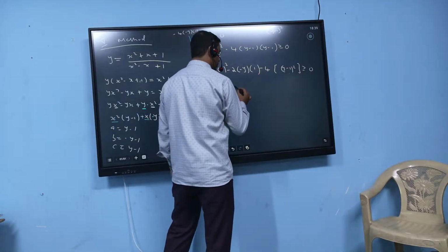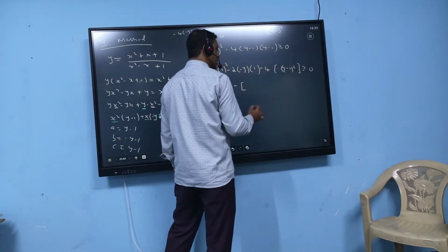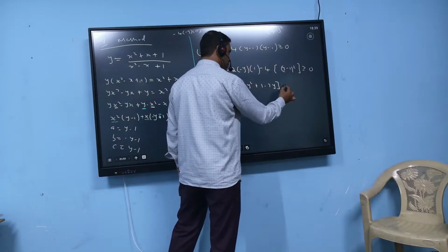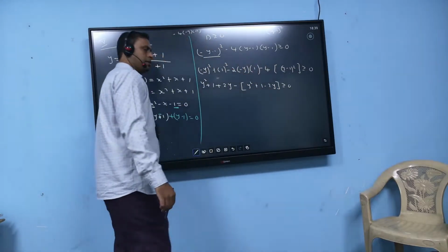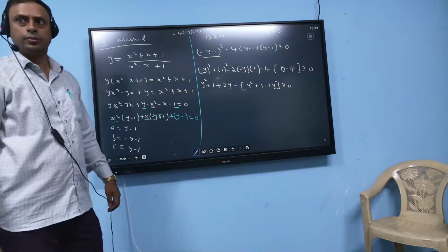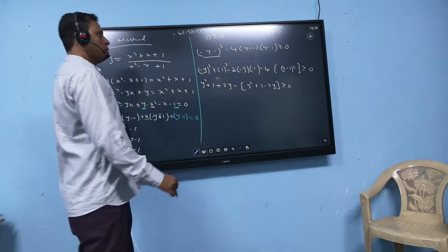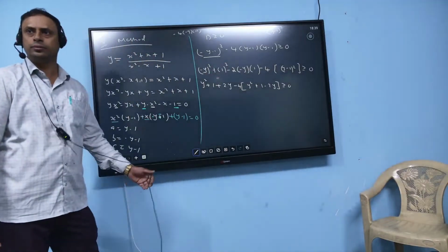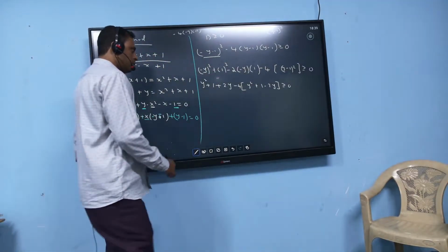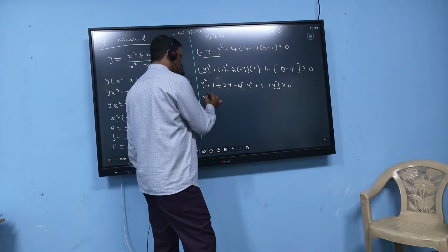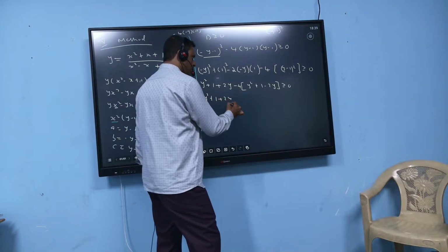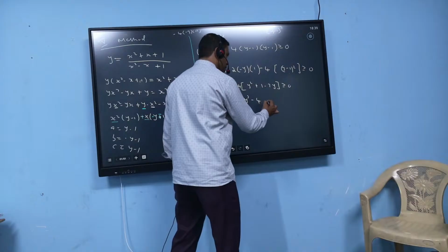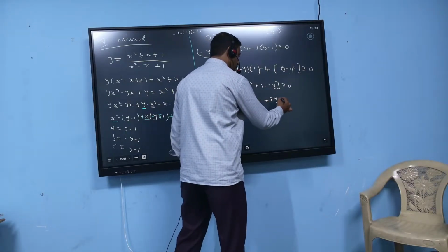Now here, (minus a minus b) whole squared, a squared plus b squared minus 2ab. Is this okay? I am going step by step. Minus 4 outside. Okay. Till here any doubt? We'll go step by step. Y squared plus 1 plus 2y. Open with minus 4: minus 4y squared minus 4 plus 8y.